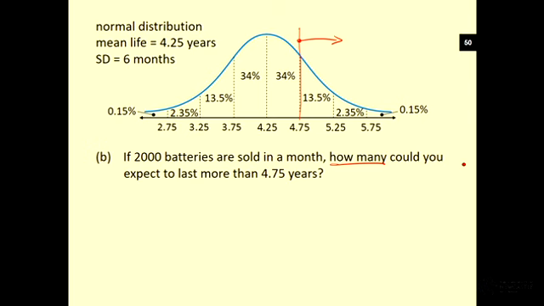Take 34 off it, it must add up to 16. The 34 and the 16 must make that 50. Either way, it's 16. 13.5 plus 2.35 plus 0.15%, 16%. So if 16% of all batteries, I would expect that to happen. I just need to work out what is 2,000 times 16%. Okay, so I'll just lose some zeros, and it's going to be 320. That's how many batteries I would expect to last this long.